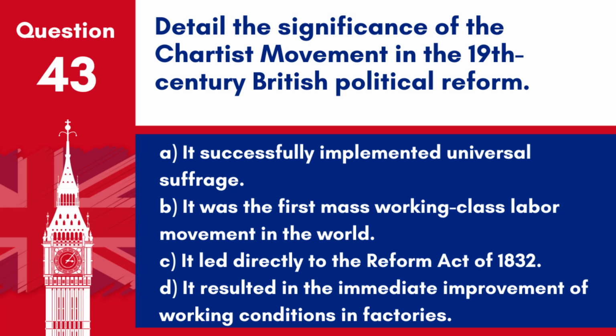D. It resulted in the immediate improvement of working conditions in factories. Answer: B. It was the first mass working-class labour movement in the world. The Chartist movement, while not immediately successful in all its aims, was significant as the first large-scale working-class political reform movement, pushing for democratic reforms like universal male suffrage and secret ballots.